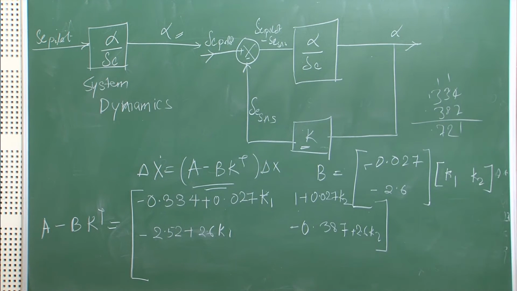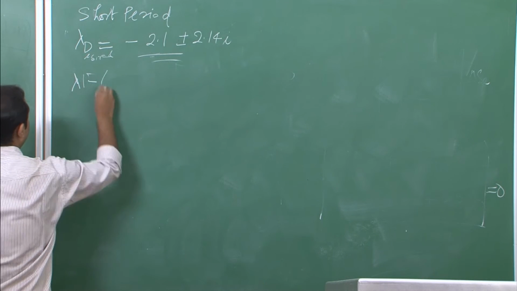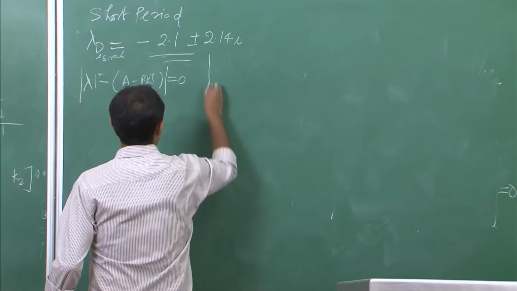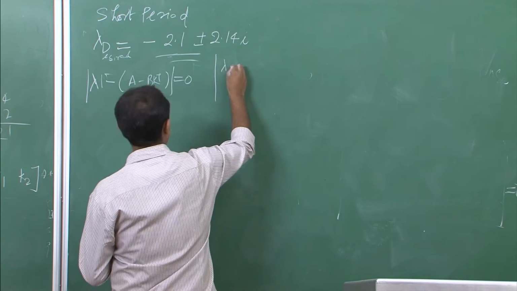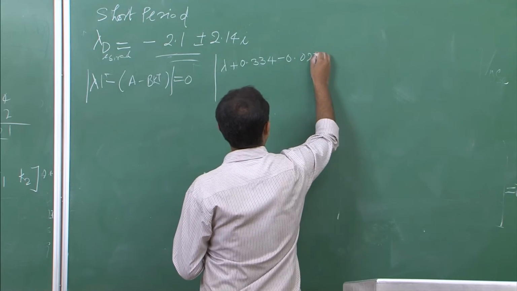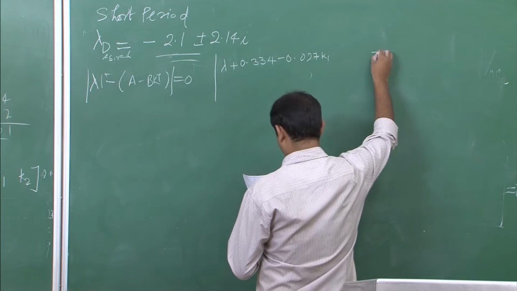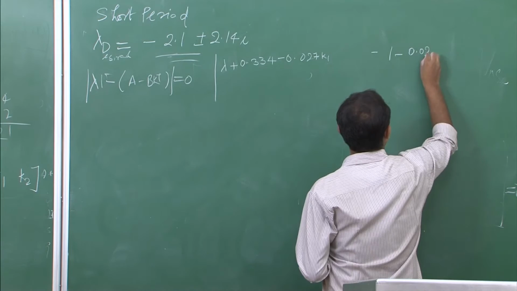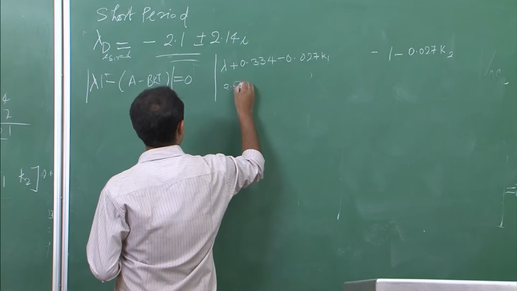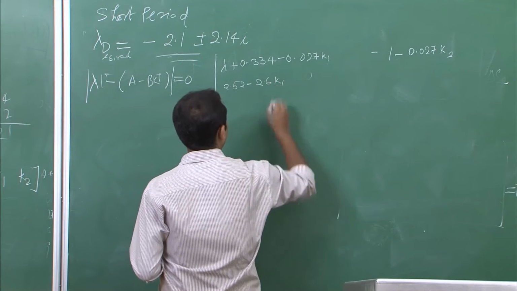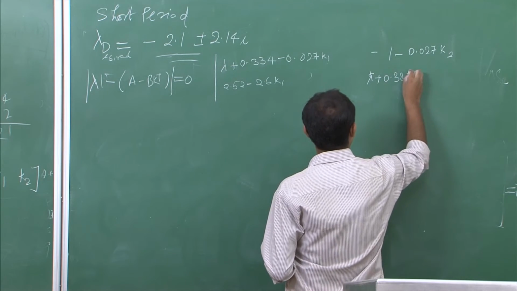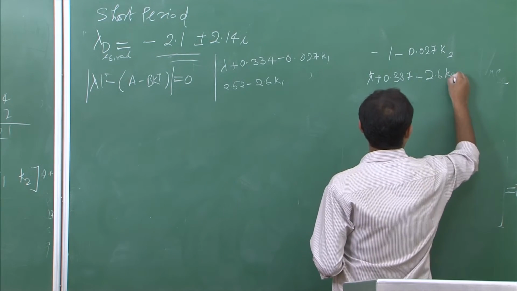So the new characteristic equation is determinant of lambda I minus (A minus B K transpose) equals 0, which will give me lambda plus 0.334 minus 0.027 K1, minus 1 minus 0.027 K2, 2.52 minus 2.6 K1, lambda plus 0.387 minus 2.6 K2, determinant of this equals 0.